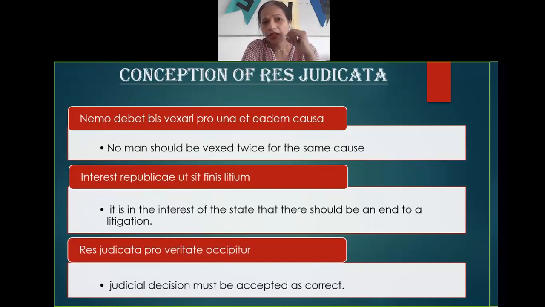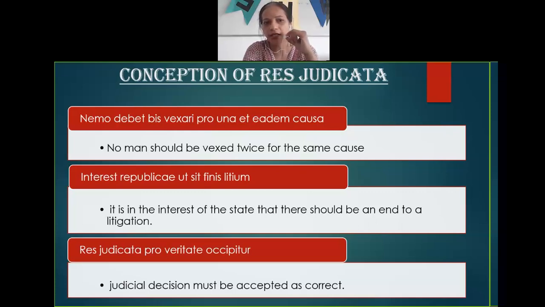Now, let us see from where this rule of res judicata is conceived. Conception of this res judicata we find in these three maxims. Which maxims? First maxim is nemo debet bis vexari pro una et eadem causa. What does this mean? It means no man should be vexed twice for the same cause.